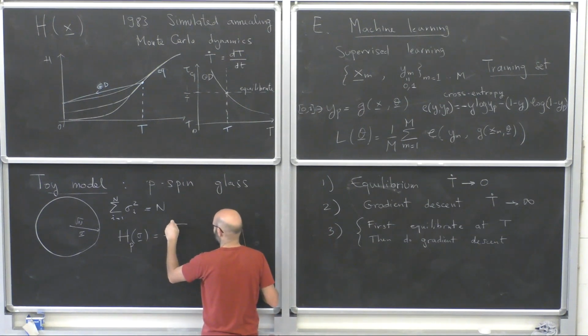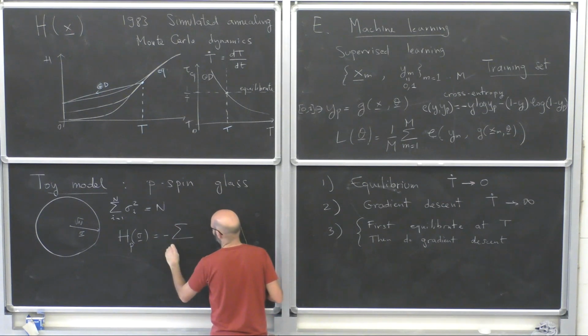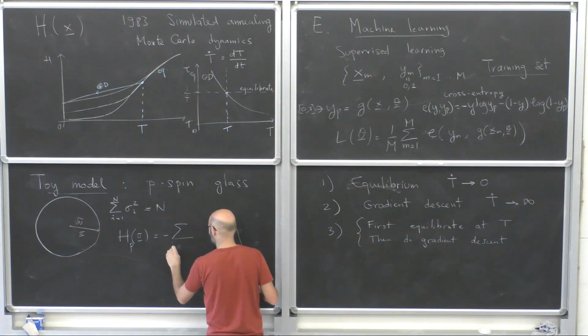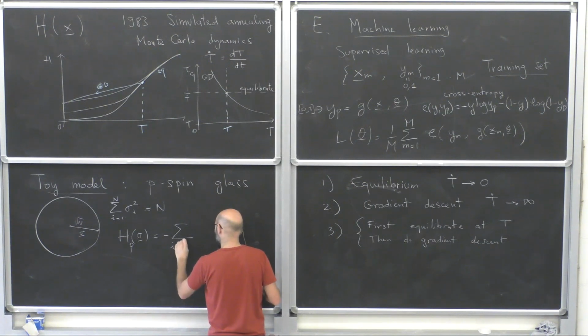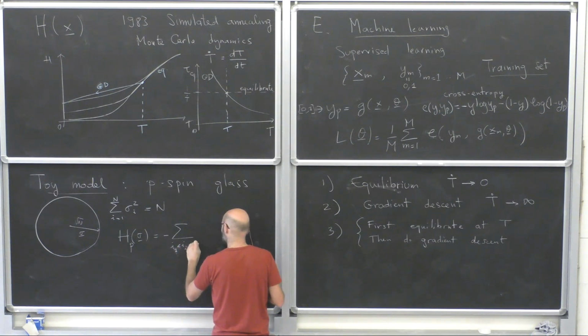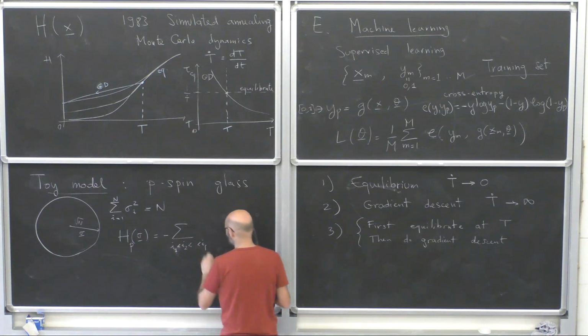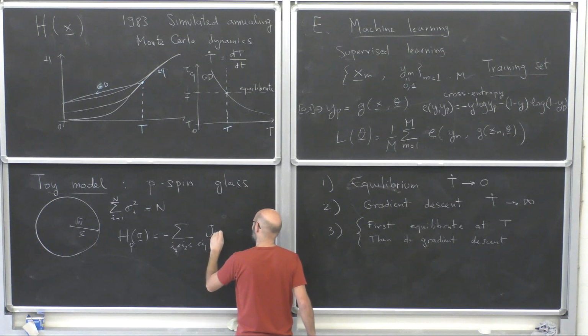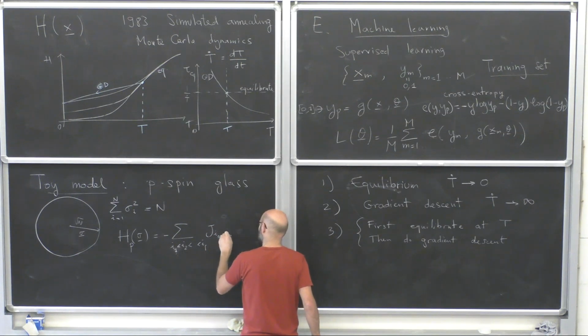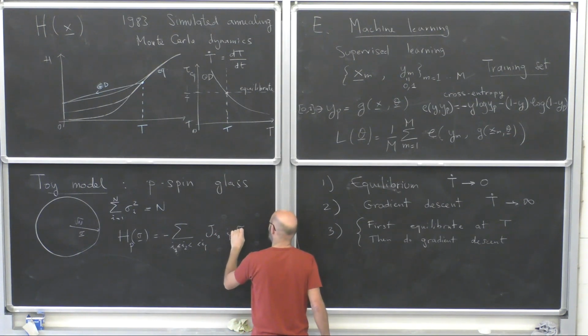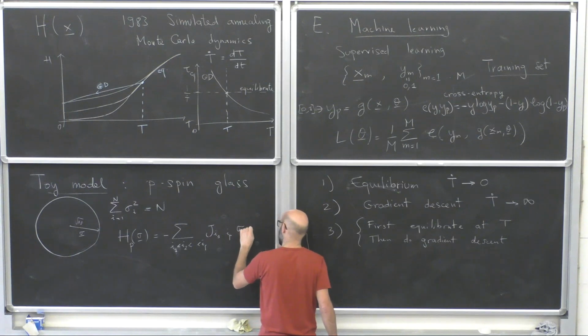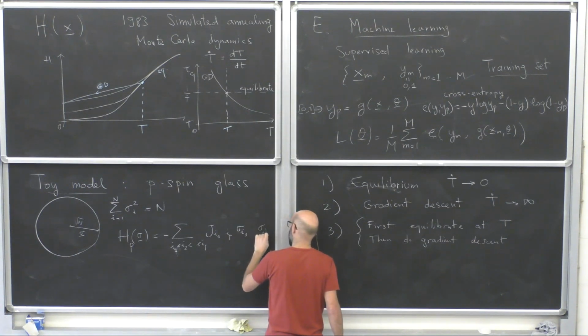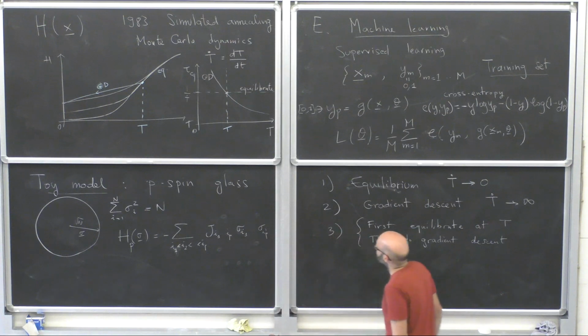This is going to be the sum over groups of p spins, i1 smaller than i2 smaller than ip, of J_{i1...ip} sigma_{i1} ... sigma_{ip}.